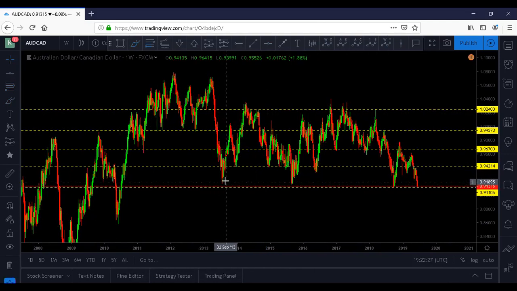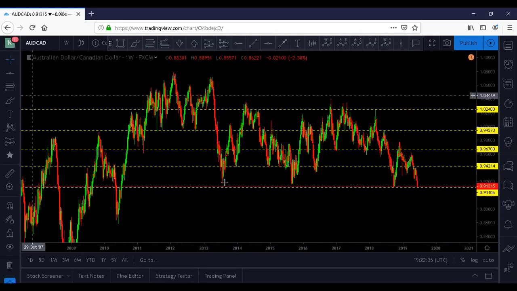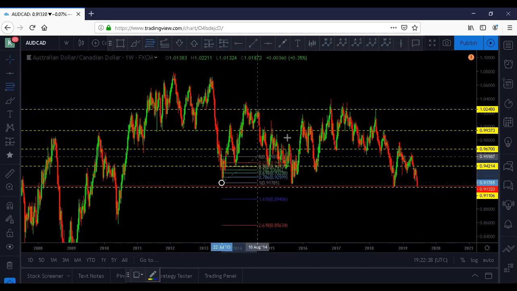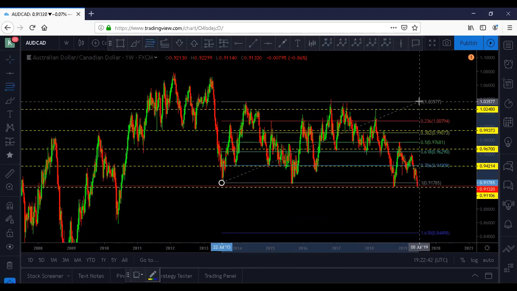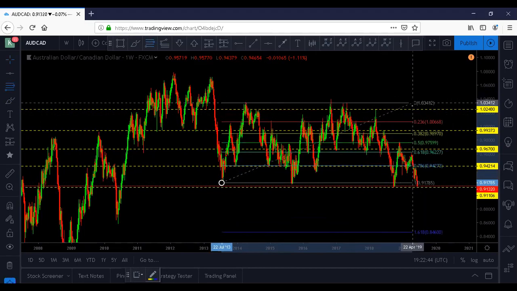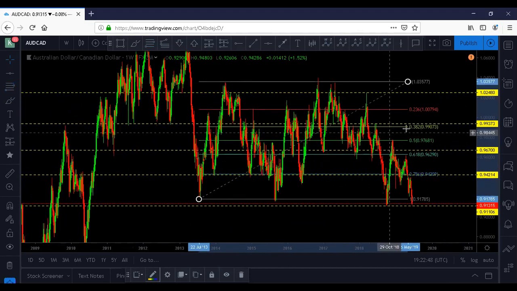I want to show you how it does it if you use a point that is higher than the current price action. If I pull it from there like this, it will give me almost the same points, but you can see they are slightly shifted. This 38.2 is slightly lower, and this 61.8.